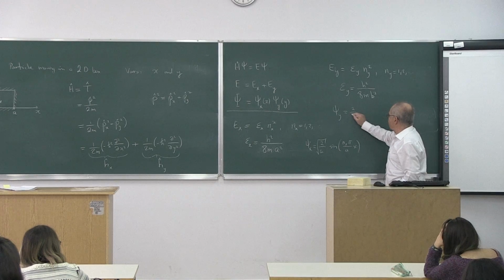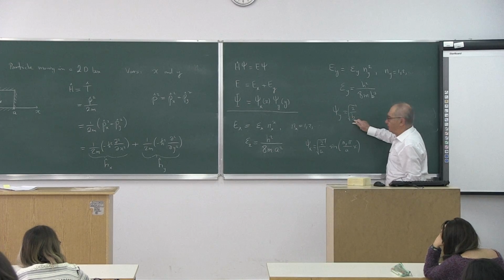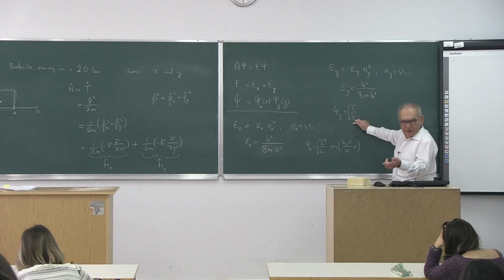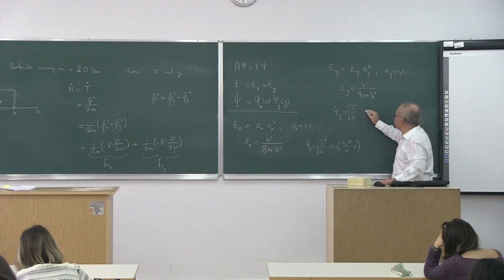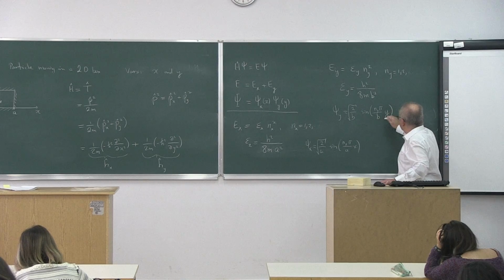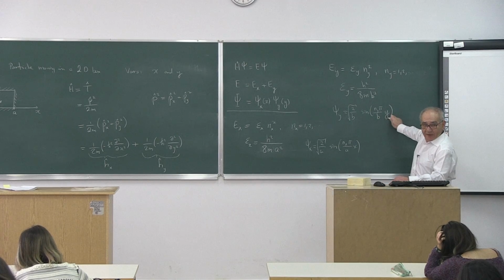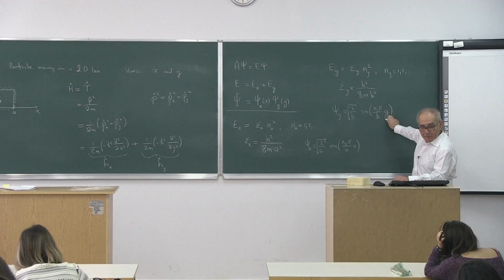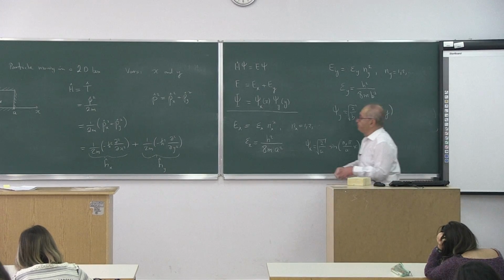The only difference is that the value of b could be different from a, times sine of n sub y times pi over b. And the Y variable, don't forget the variable here, all right? Okay.